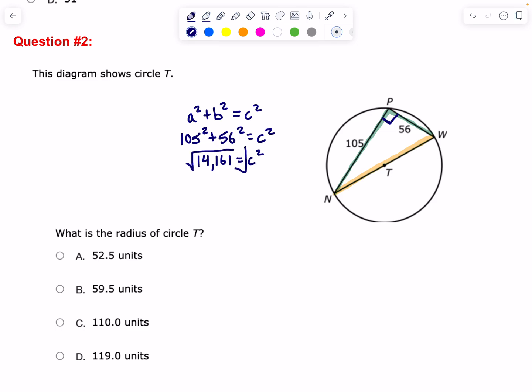Then when you take the square root to get c by itself, you get 119 would be c. But in this case, that's the diameter, and they just want the radius, which is half of that. And so when you divide that by 2, you get the 59.5, which is option B. So the radius, I'll just write that out, is 59.5.